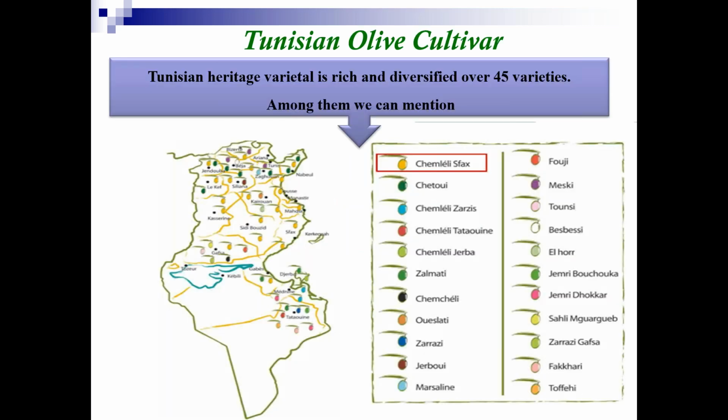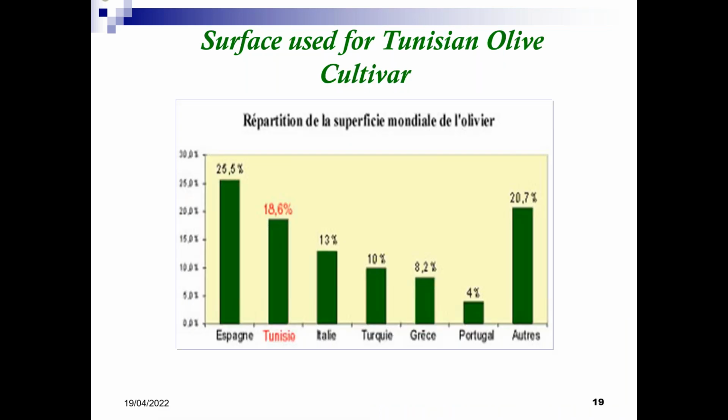Here, as we talk about olives, we can see the map of Tunisia, and we can see that this tree is spread in all the country with different cultivars. Tunisia is the second country in the world, after Spain, with a surface of 18.6% planted by olive trees.